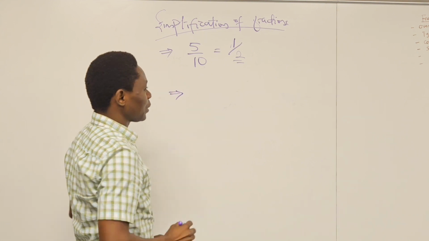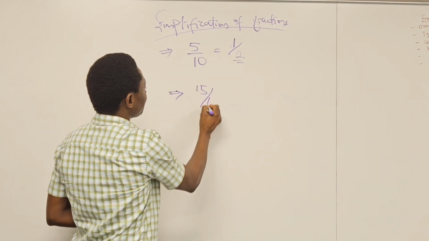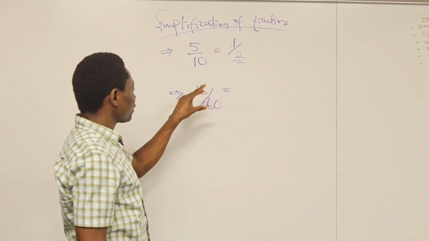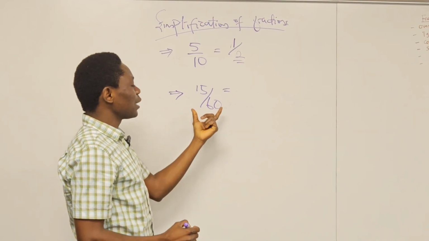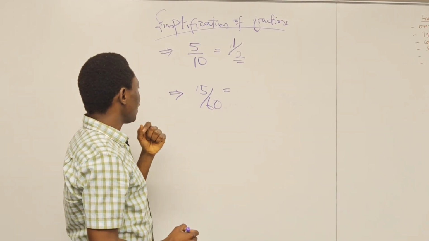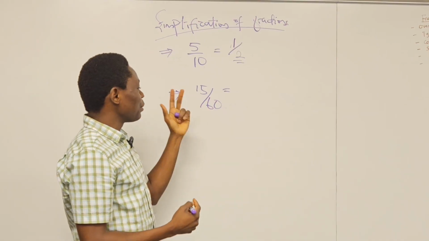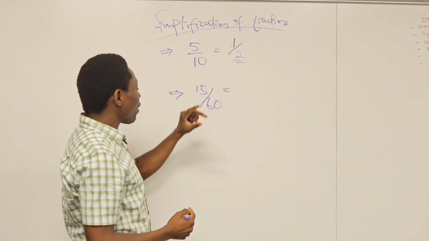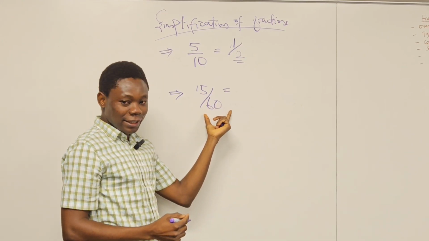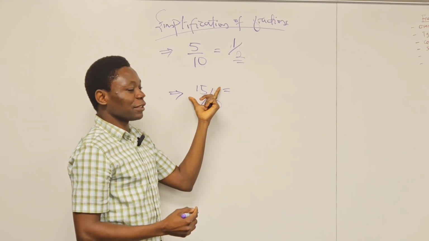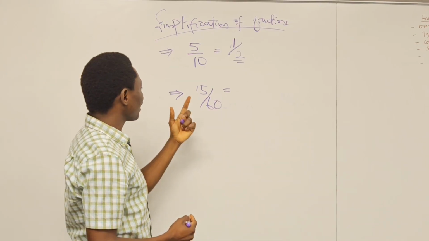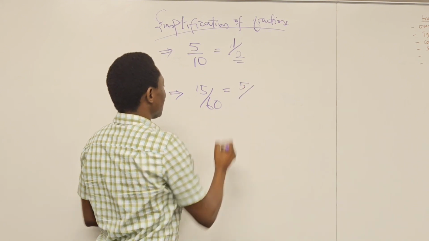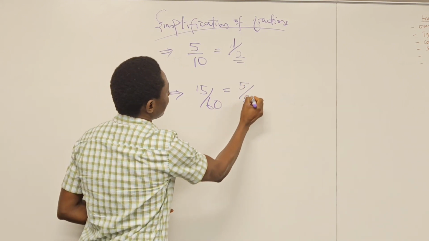Let's look at another example. Say we have something like 15 over 60. Now, we need a number that can go into 15, the same number that can go into 60, right? It can be more than one number. Actually, it can be broken down further in sequence. While 2 can go into 60, 2 cannot go into 15, so 2 wouldn't work. But 3 works. So 3 into 15 gives you 5, and 3 into 60 gives you 20, right?